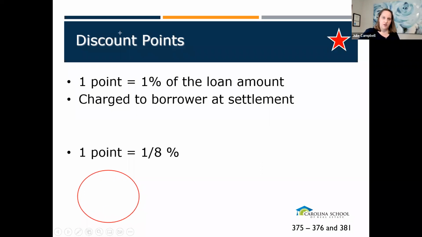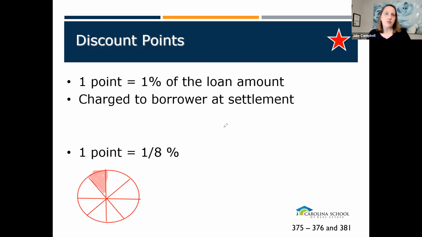Y'all like pie? You want to talk about pie? Let's talk about discount point pie. And discount point pie is always cut into 8 pieces. If you're buying one discount point, you're buying 1% of the loan, and you're reducing your interest rate by 1 piece of pie.